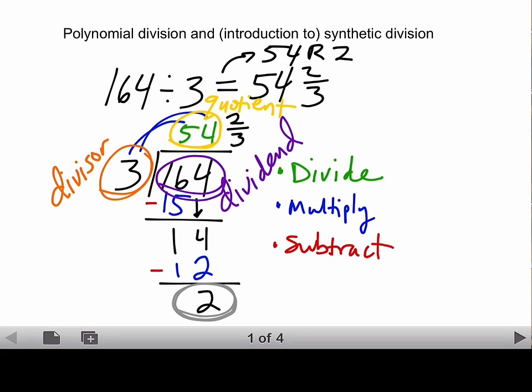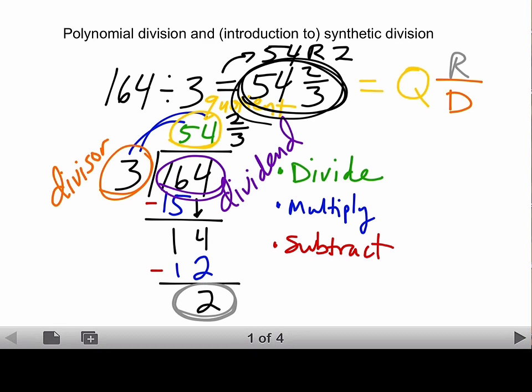And when we wrote down the 54 2/3, we were expressing the answer as quotient and remainder divided by divisor. And that'll be useful to know because sometimes a book will ask us to express the answer in that form.